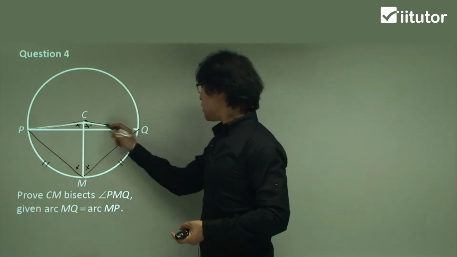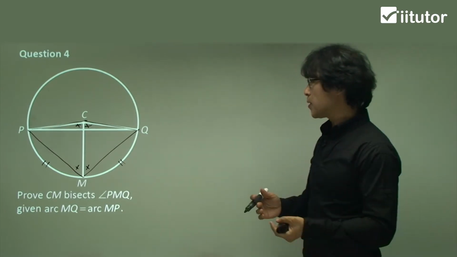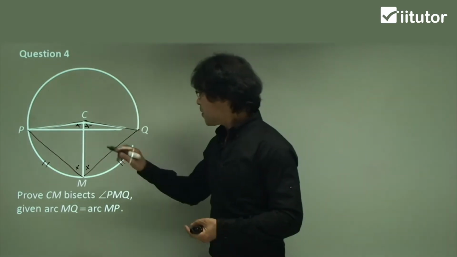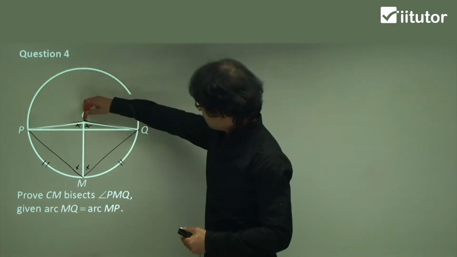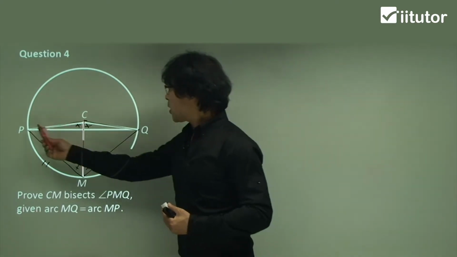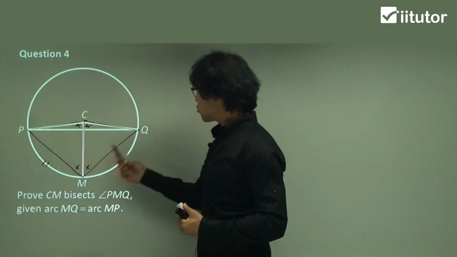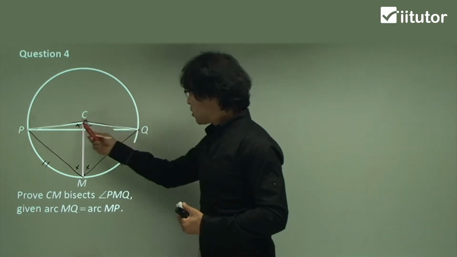PC and CQ are equal. What's the reason? Equal radii, right? So, and then what else? You can see CM. CM is common. So what I did, guys, in triangle PCM and triangle QCM, these two sides are equal. This is common for two triangles, and the center angles are equal.